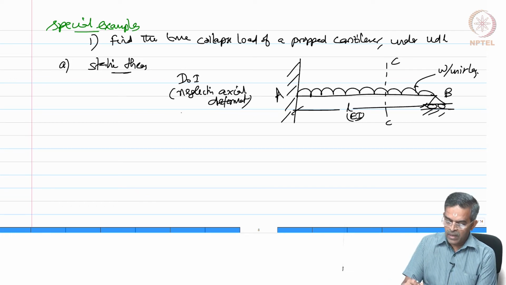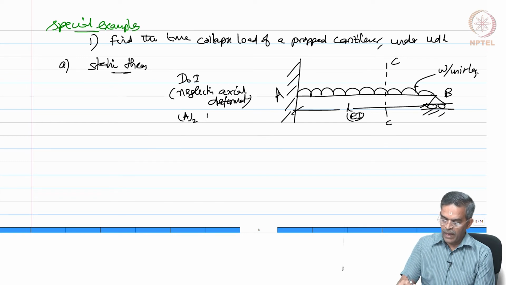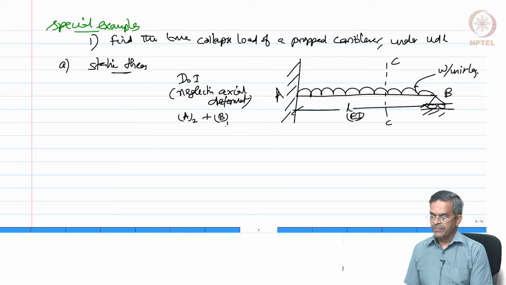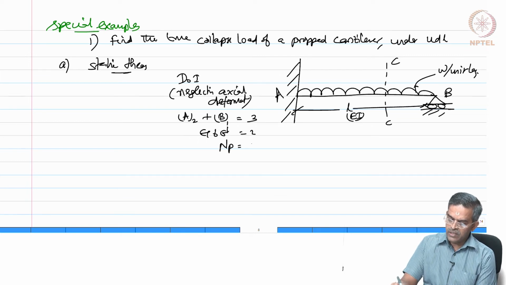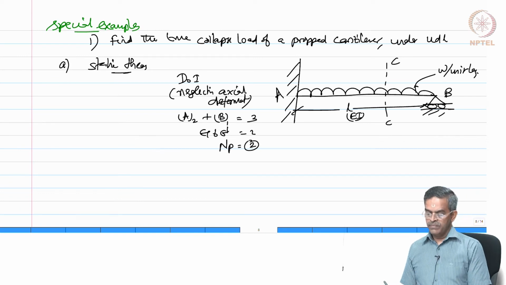So, let us say there are two reactions at A and there is one reaction at B, is it not? So, now the total is 3, equations of static equilibrium is 2. So, I need the number of plastic hinges to be 2. Where will they form?